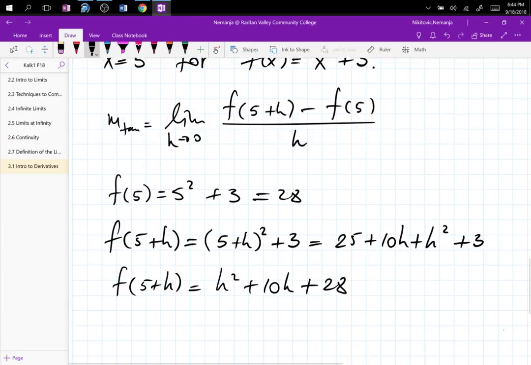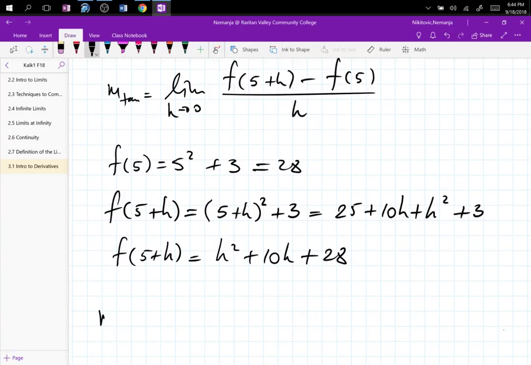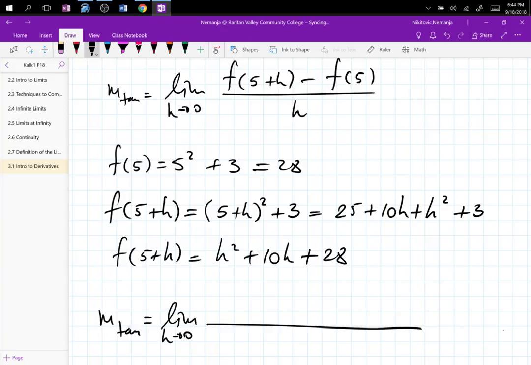So now let's plug everything in. M tangent is equal to the limit, h goes to 0, of f of 5 plus h, which is h squared plus 10h plus 28, minus f of 5, which is minus 28, divided by h.